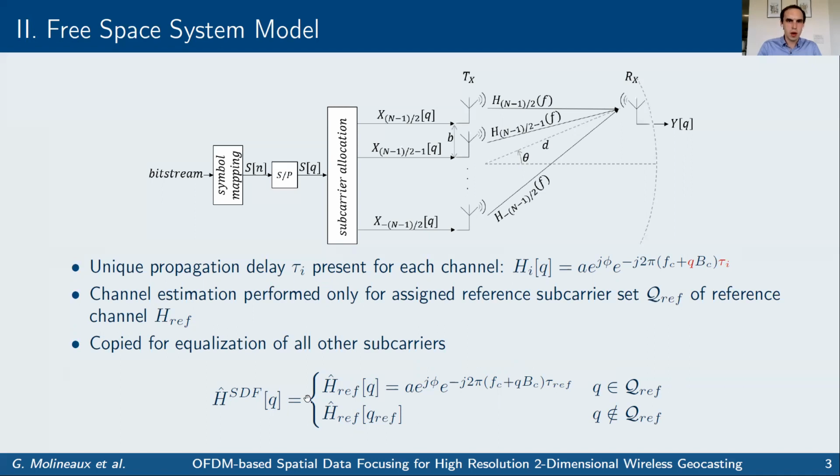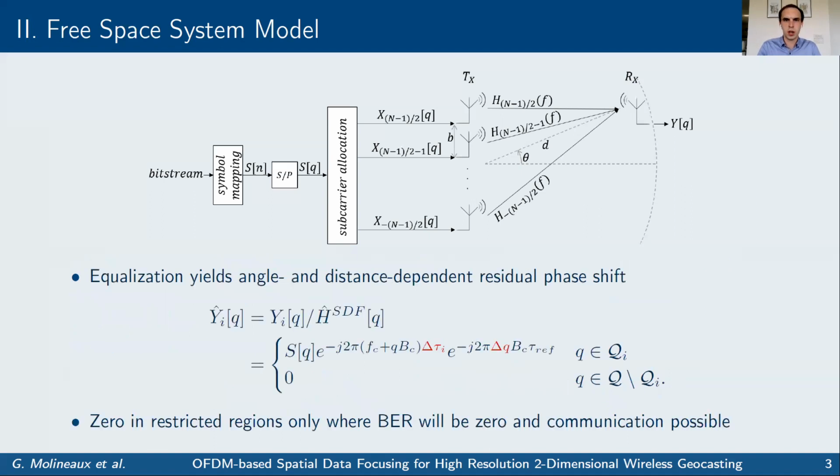However, we also define it on the subcarriers that are not part of the reference subcarrier set as also an estimation of the reference channel on QREF, which is the previous subcarrier on which we have an estimation of the channel. The consequence of this is that upon equalization, there will be a residual phase shift left in the equalized symbols, which is angle and distance dependent.